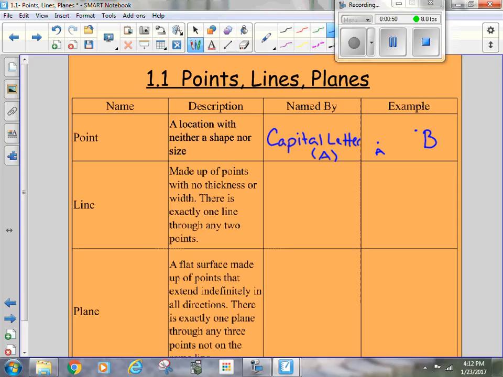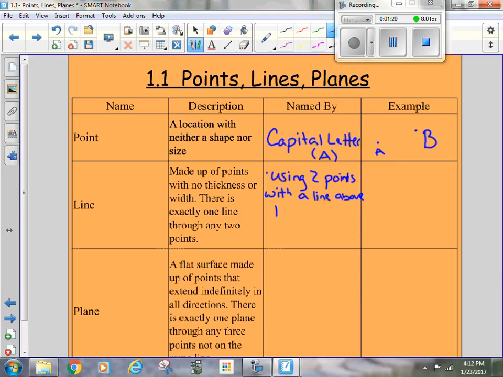A line. A line is made up of points with no thickness or width. There is exactly one line through any 2 points. So using 2 points with a line above is how you label a line.